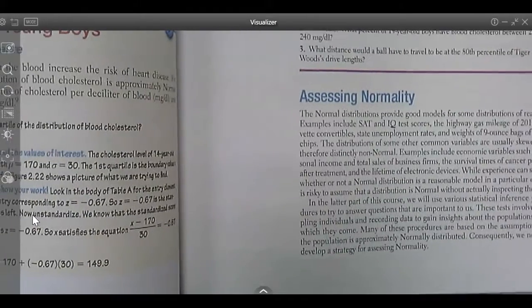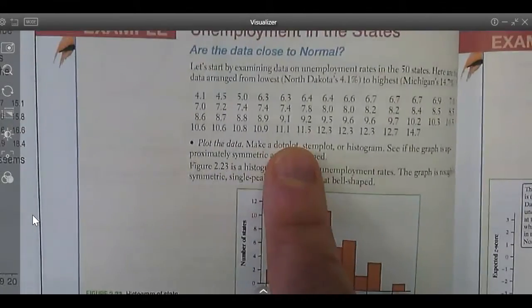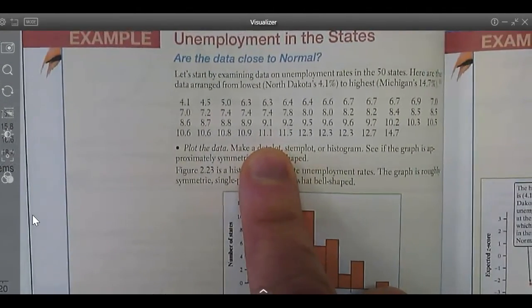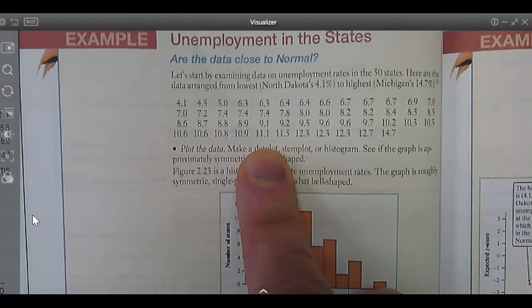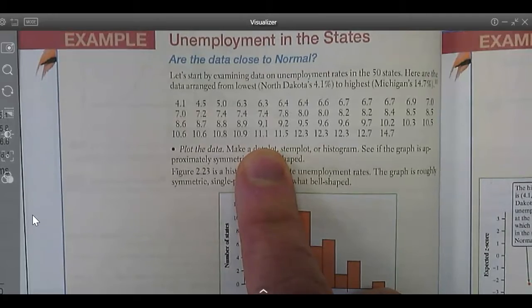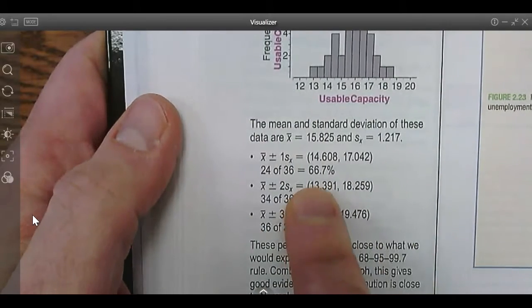Assessing normality, this is just going through to see, is the data that you have approximately normal? So if you have a set of data, plug it in, list one, calculate the summary statistics, figure out the mean and standard deviation, and figure out what percent of the data is within 1 standard deviation, 2, and 3. You could see they did that over here on this example.